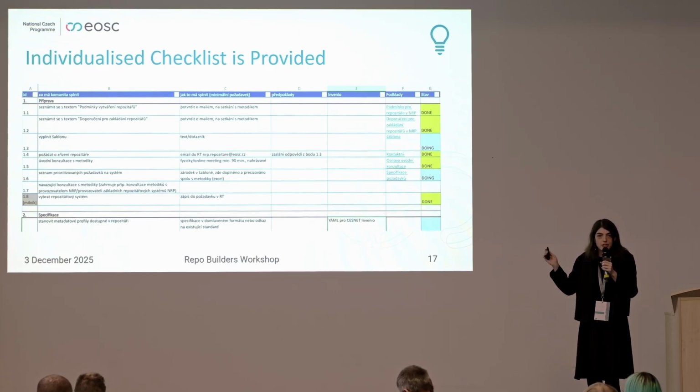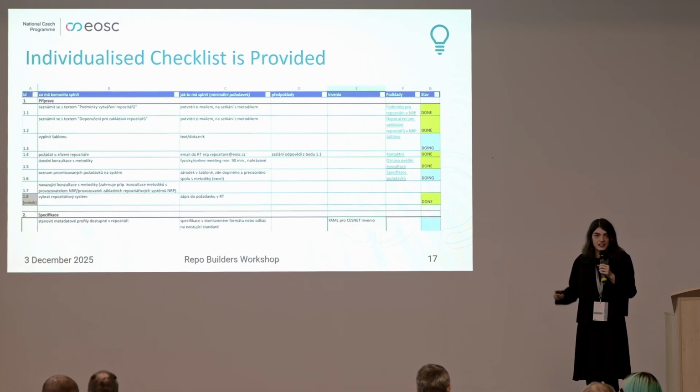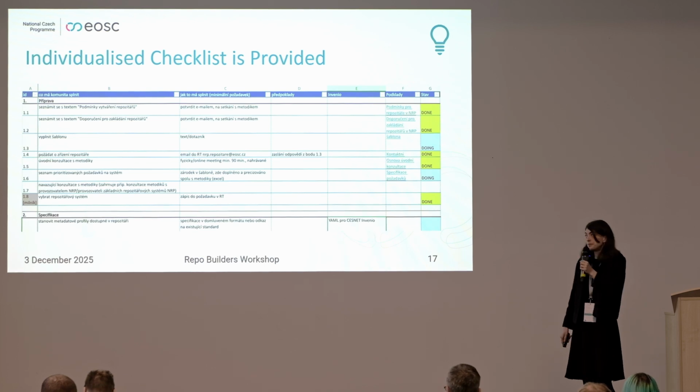This isn't binding, it's just to help both sides have some idea of where we are. We'll probably provide you with this not in the first consultation, but maybe the second or third, once things get going.